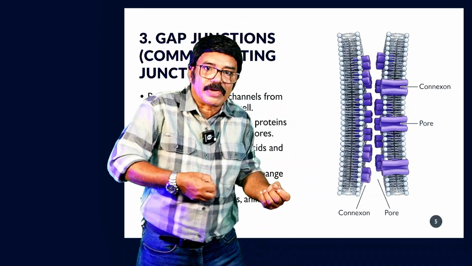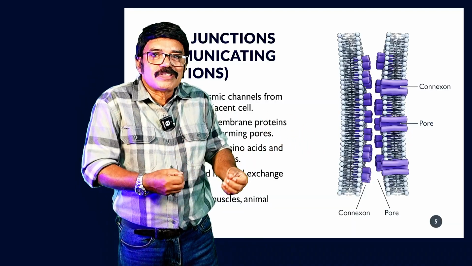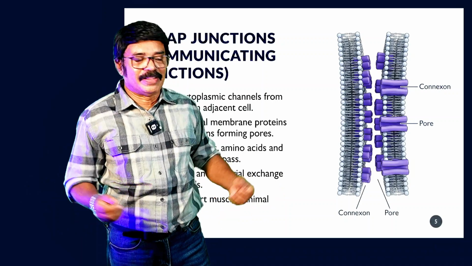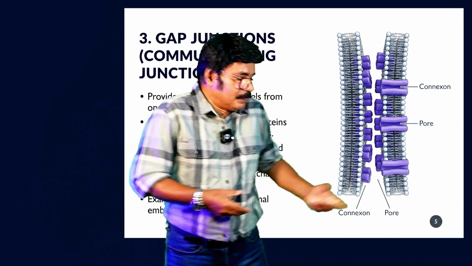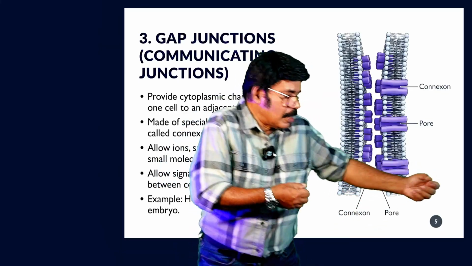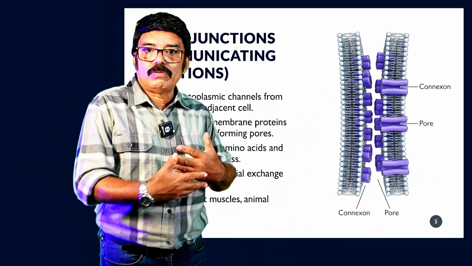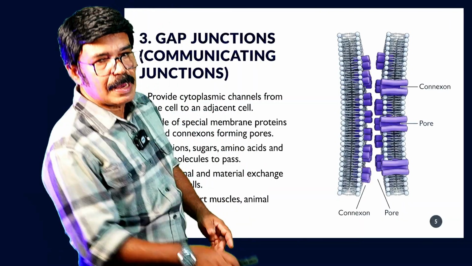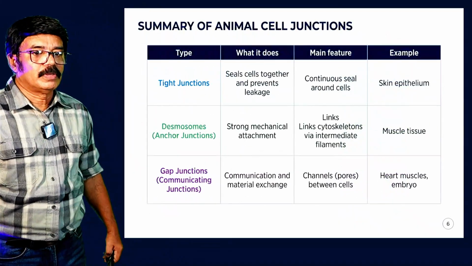They want to have the rhythm, so they sing songs confined to that job. They know that when the rhythm comes, they can work together. In a similar manner, to work together there should be very good communication. That is what is happening here: gap junctions, communicating junctions, heart muscles, animal embryo.